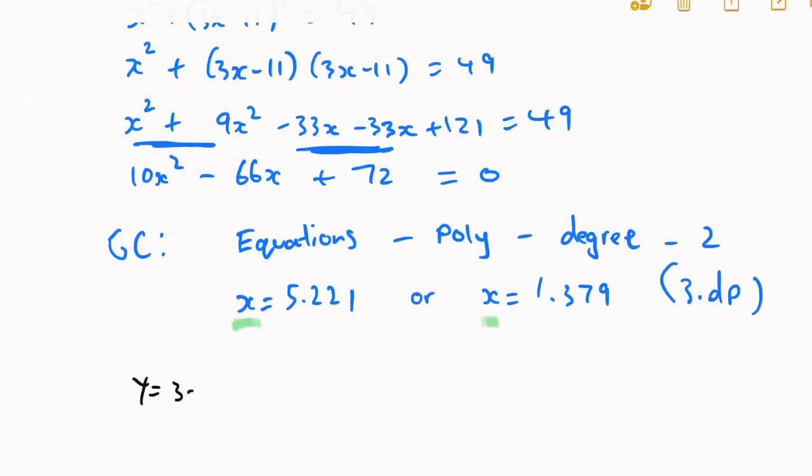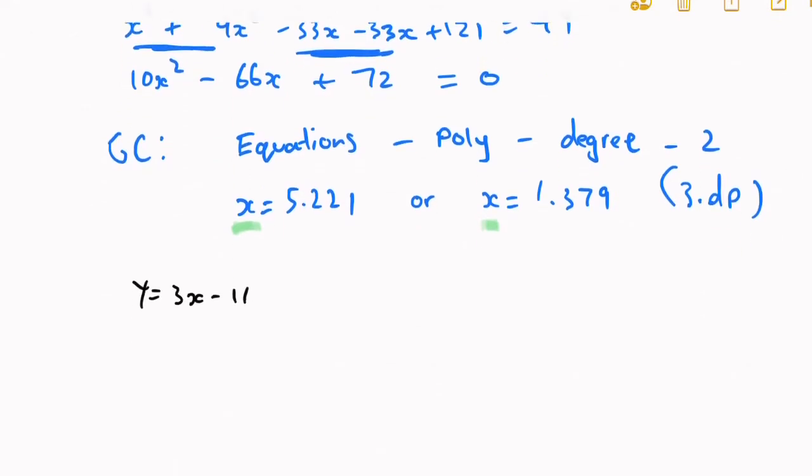Y equals 3x minus 11 equals 3 brackets 5.221 minus 11, which equals, do it on your calculator, you should get 4.663.